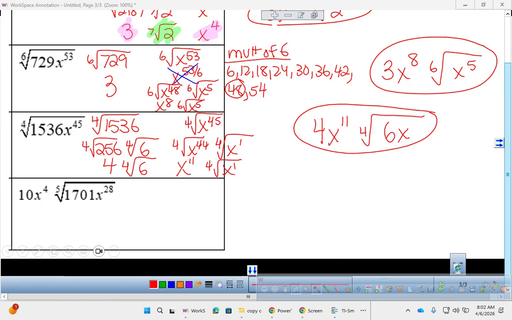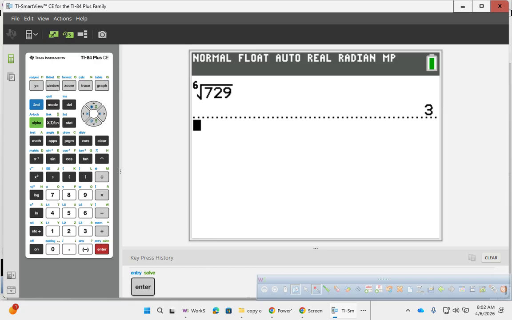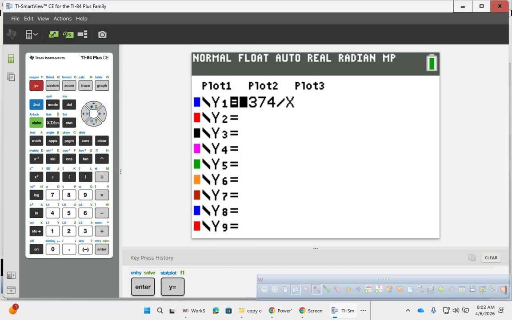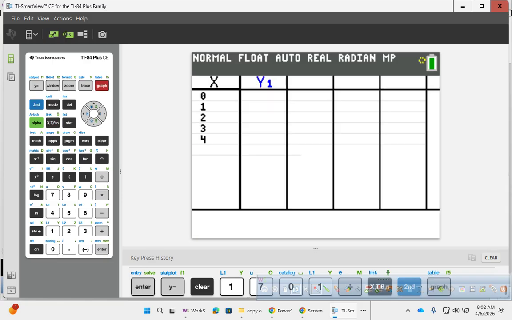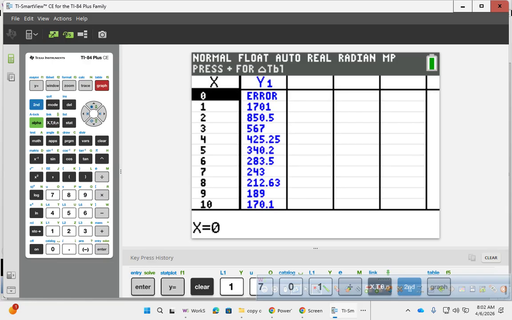All right, last one. I'm going to ignore this 10x to the 4th at first. I'm just going to work with the 5th root of 1701 and the 5th root of x to the 28. So I'm looking for something that is a perfect 5 that goes into 1701. So what do we got? 243.